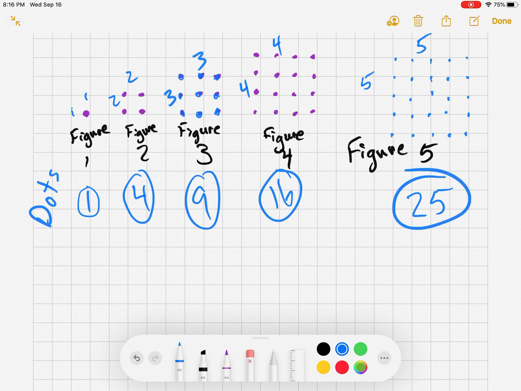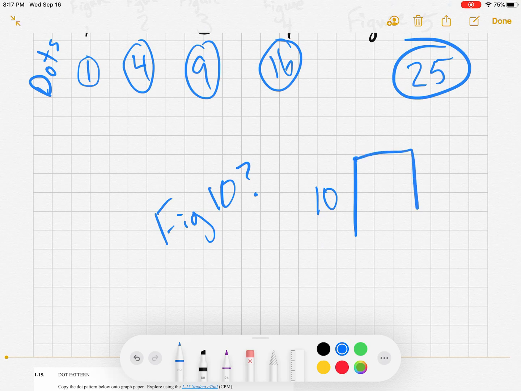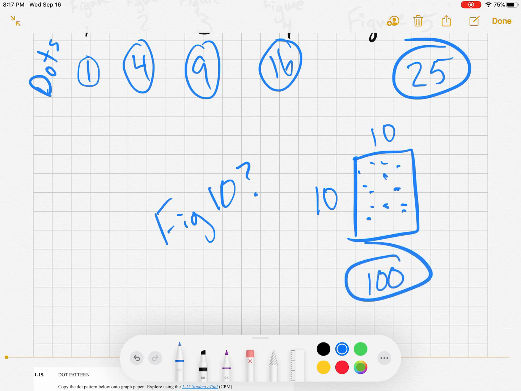We want to be able to figure this out without having to draw the dots, right? Could you figure out what figure 10 is without having to draw it? Sure, it's a 10 by 10. I could pretend that there's all these dots in here, but ultimately I know that I'm going to have 100 total, right?